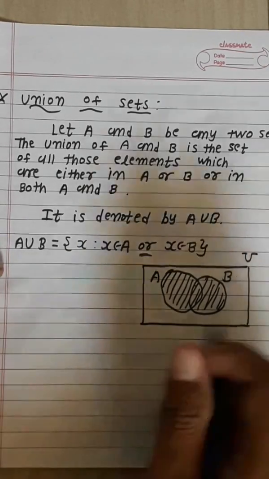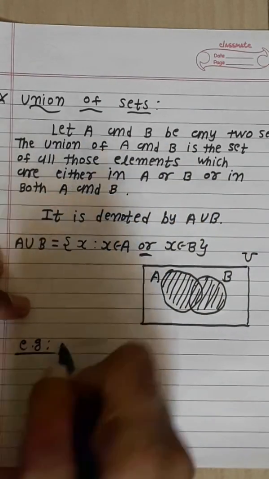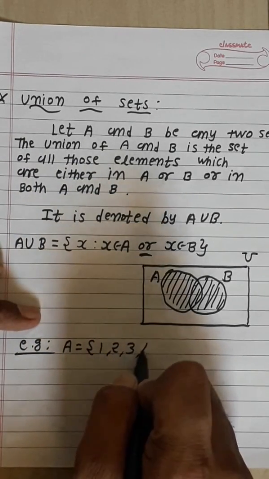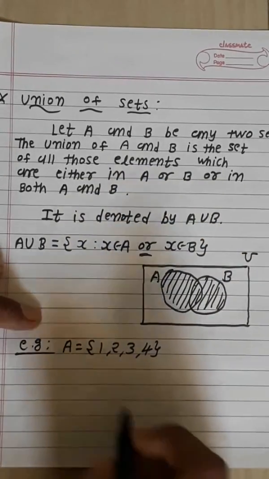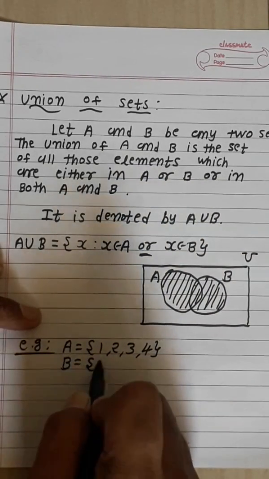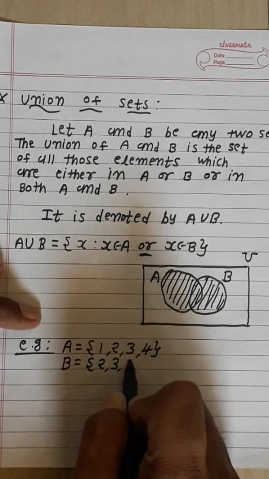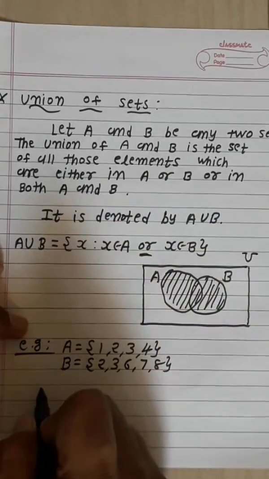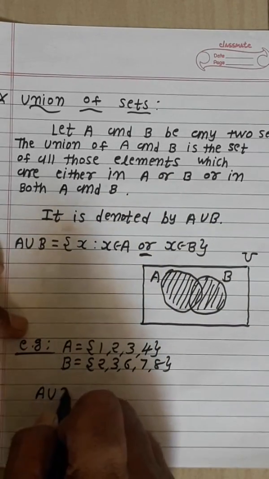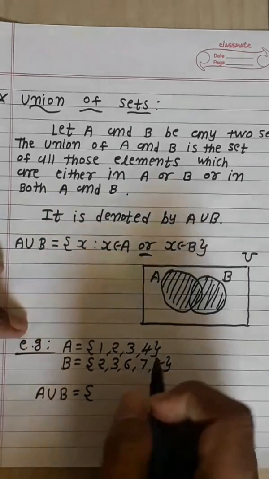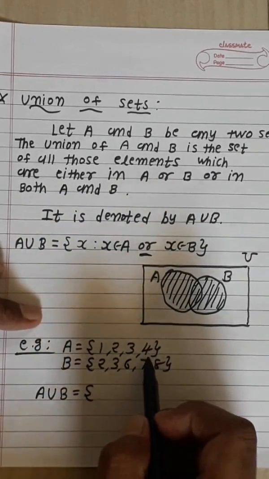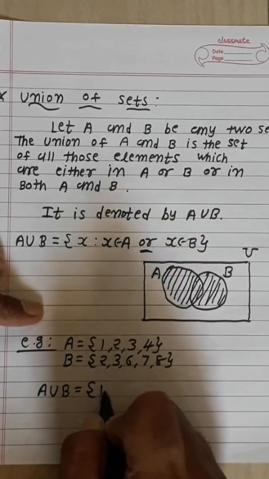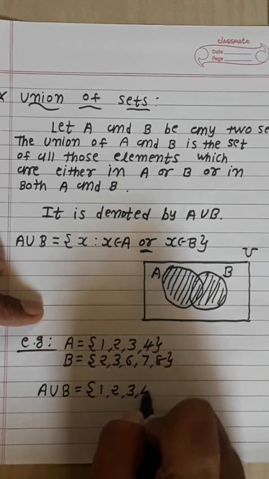Now we can take one example. A is equal to the set of 1, 2, 3 and 4, and in set B the elements 2, 3, 6, 7, 8 are present. Now find A union B. So A union B is equal to the set of all the elements of set A as well as all the elements of set B. So here we write 1, 2, 3, 4.